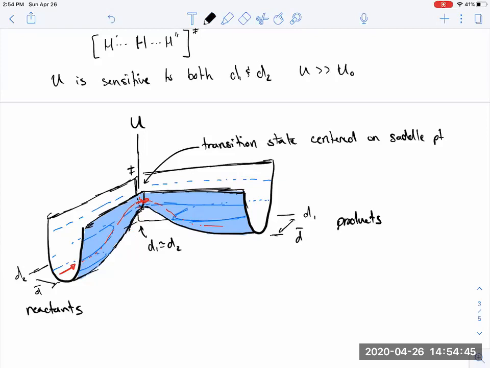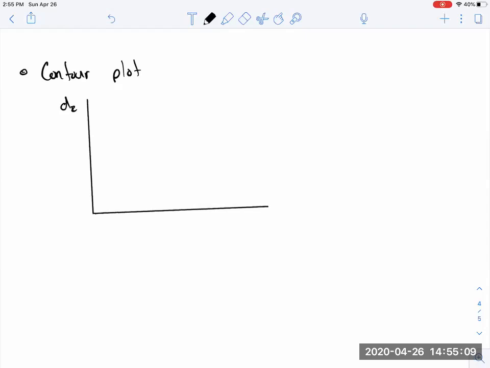Again, if we wanted to actually try to draw some dynamical trajectories of this process, it'll be simpler to do it on a contour plot. So let's put D2 over here, D1 over here. In this plane, I have symmetry about D1 goes to D2.